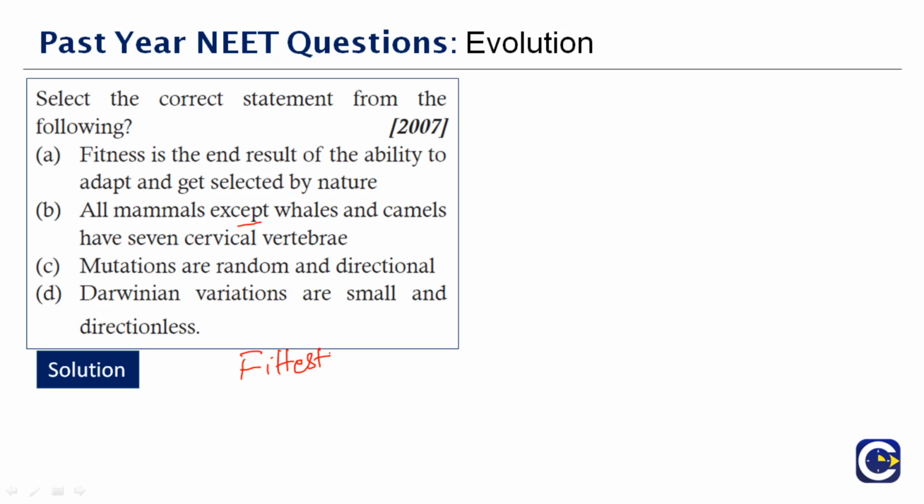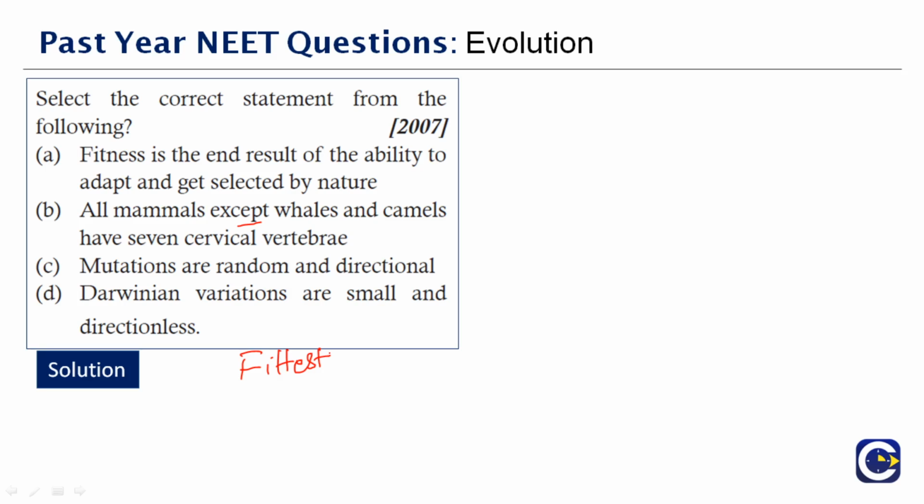Fitness is the end result of the ability to adapt and get selected by nature. To survive in a particular environment, an organism needs to adapt first. Because you know very well how the ecosystem was in the olden days and how it is now in the current state. Many species who are not able to adapt have vanished from the ecosystem.